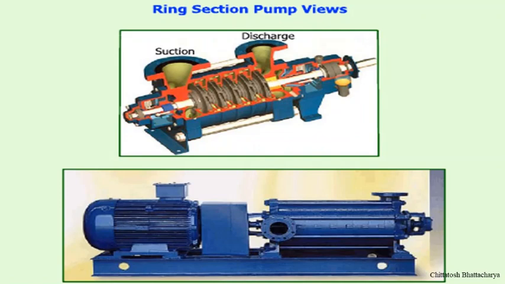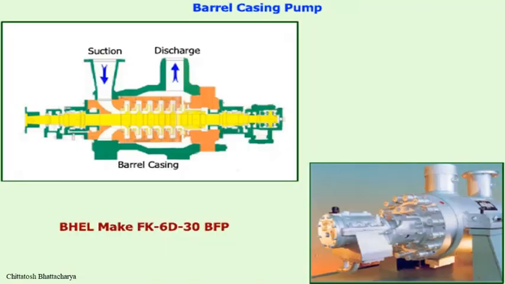So here ring sections are made with a single impeller and a casing part, an involute casing part with the cage, and as we go on adding these ring sections, the pump capacity increases. In high capacity and high temperature applications of pumps, we find that these stages or ring sections of the pumping are encased within a barrel.